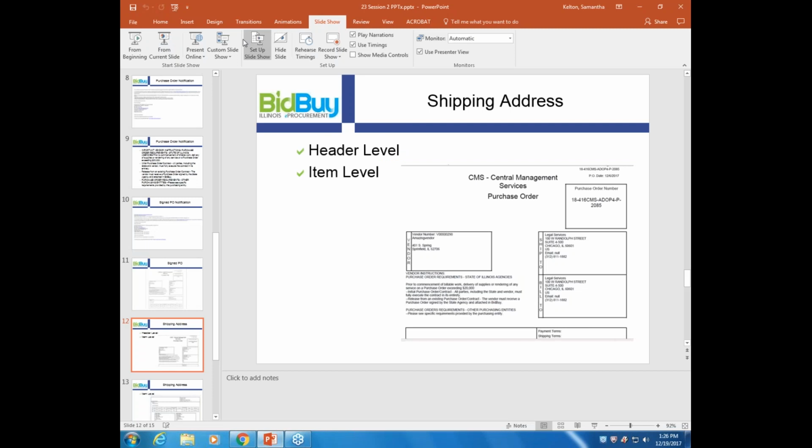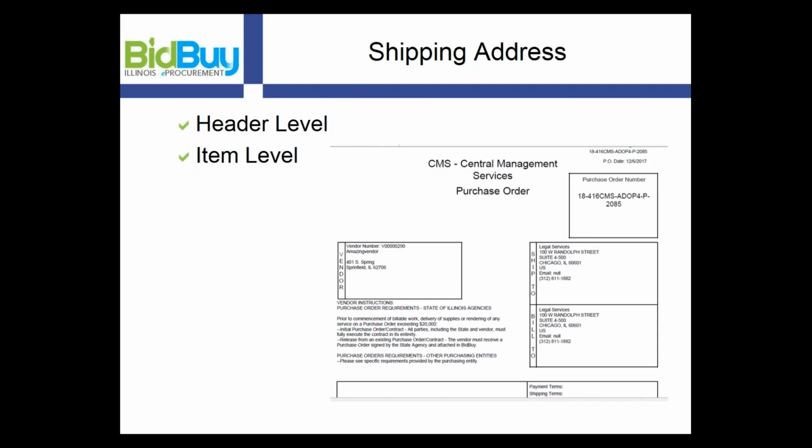Okay, so the purchase order here, when you receive notification of an award of a contract and you receive this purchase order document, this one looks very clear. You've got a purchase order number up there in the corner, you've got the purchase order date that's printed, you have your vendor name, and you have the ship to address.